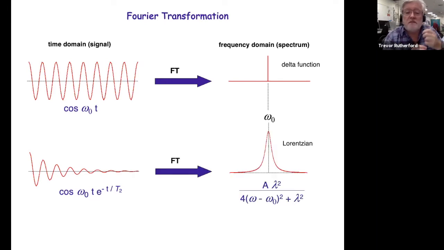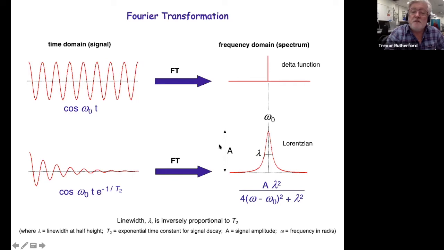If we pass that through the Fourier transform, we get the so-called Lorentzian line shape that has, critically, both a defined amplitude and an intrinsic line width, depicting the uncertainty of that center frequency. Notice that the center frequency itself is exactly the same, but now we have the associated line width.